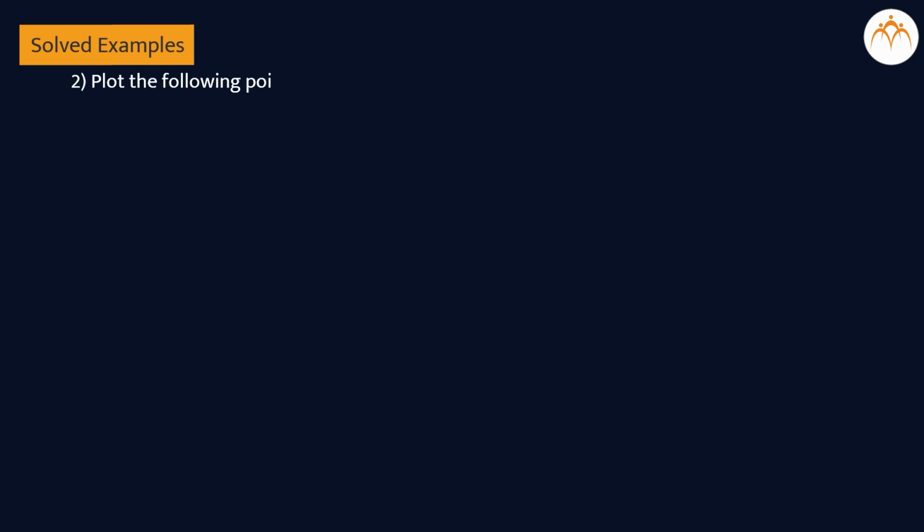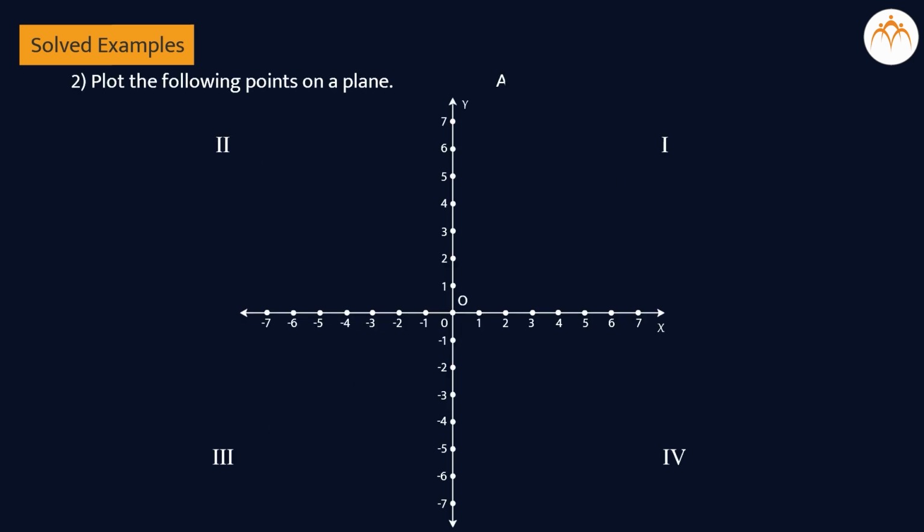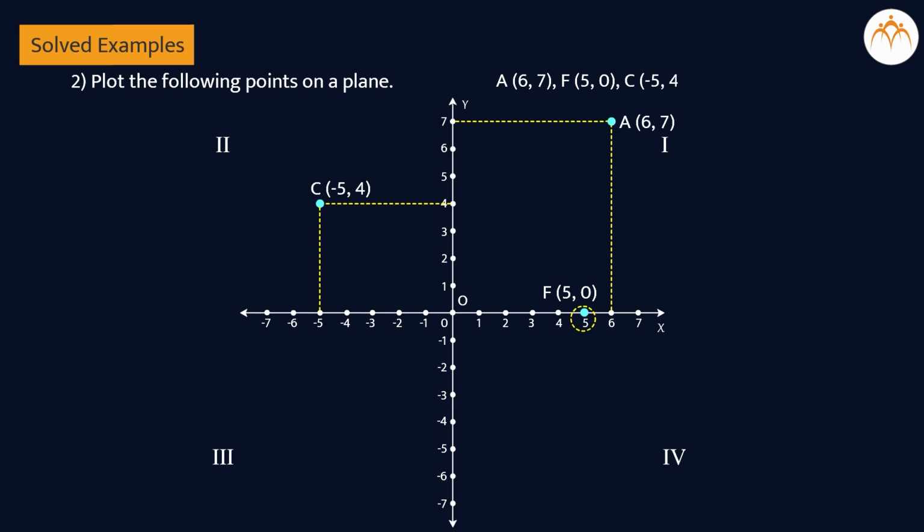Plot the following points on a plane: A (6, 7), F (5, 0), C (-5, 4), E (0, 5), D (-1, -2), B (4, -5).